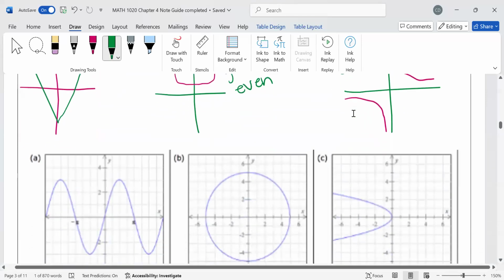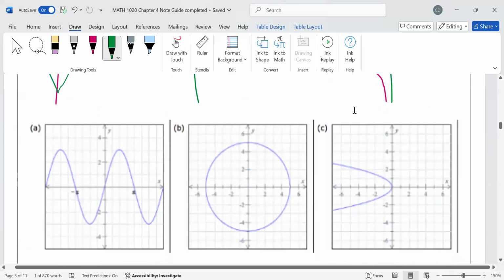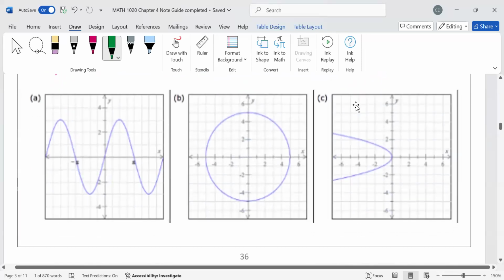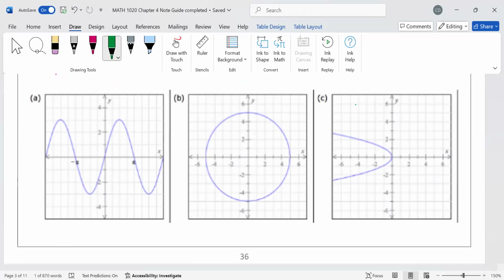All right. Just a few more down here. I think I pulled these images off the internet. So this one is actually a sine. We don't do trig, but if you look at it, it looks like there's some type of symmetry. But if I fold, I'm just going to do the right side. If I fold on the X, it's going to look like that. It's not folding on itself.